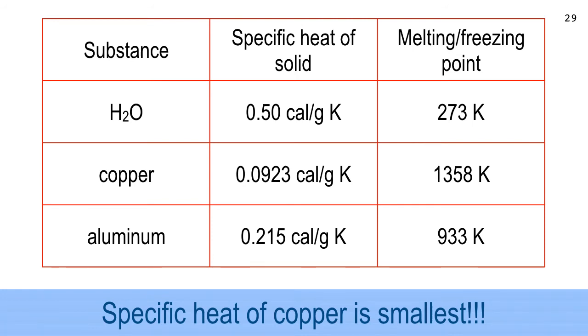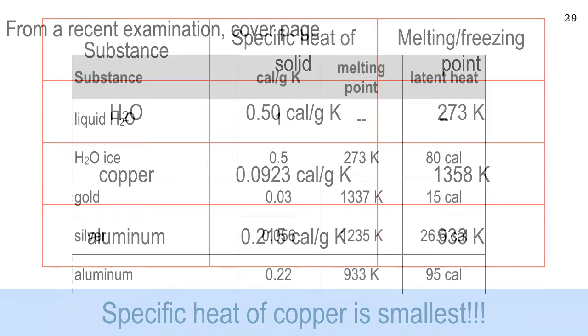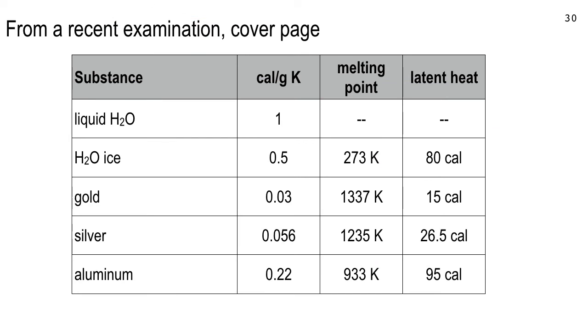Now, let me give you a look at an exam from the distant past. Here's a table that I gave the students on a recent exam, like an exam 3 type exam.